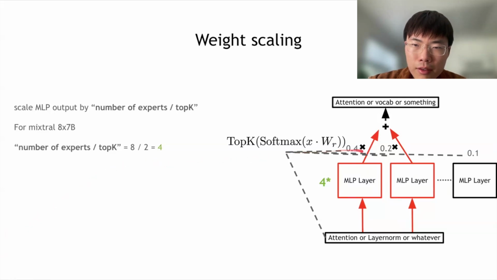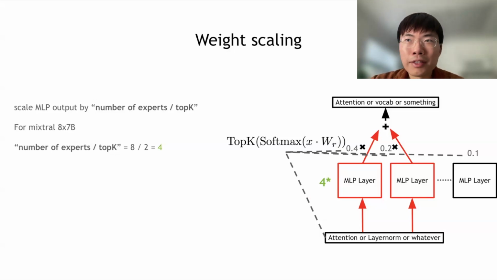Since the top K probability sum is smaller, we can simply multiply a factor to the output, or in this case, we multiply it on the MLP layer. Assuming a uniform distribution here, if you have 8 experts, the probability of each expert would be roughly 1/8.